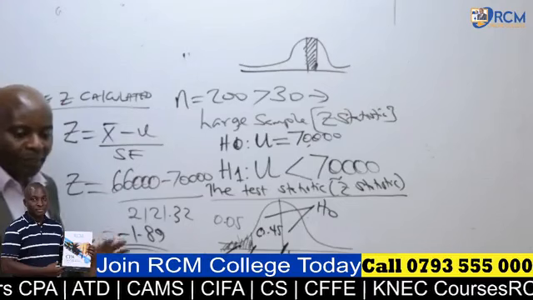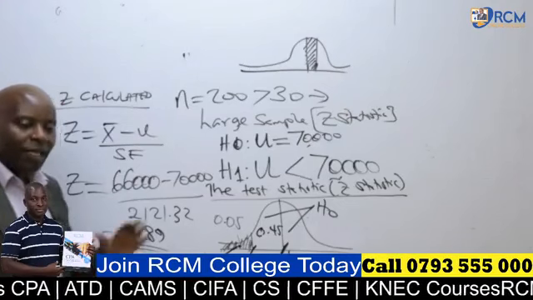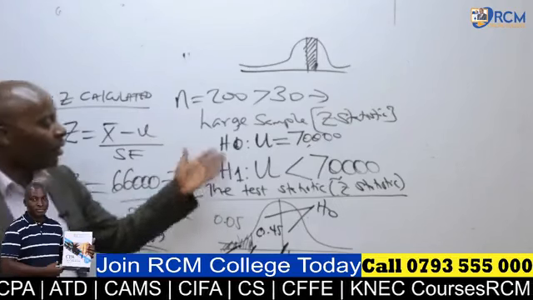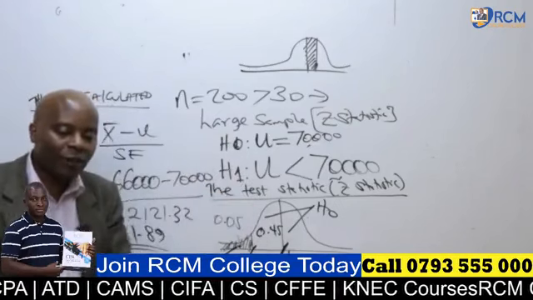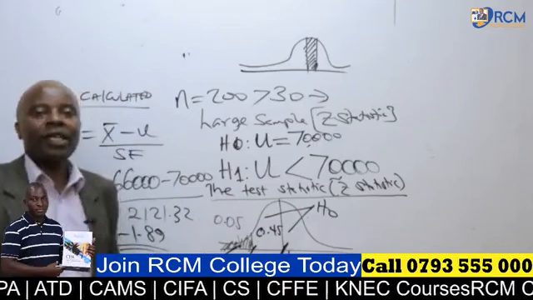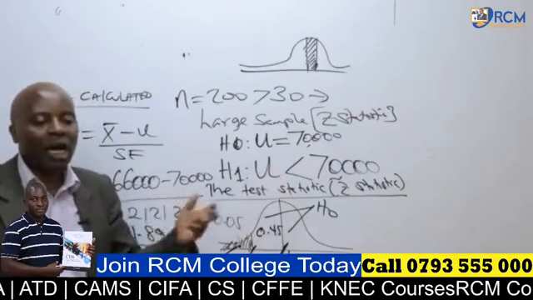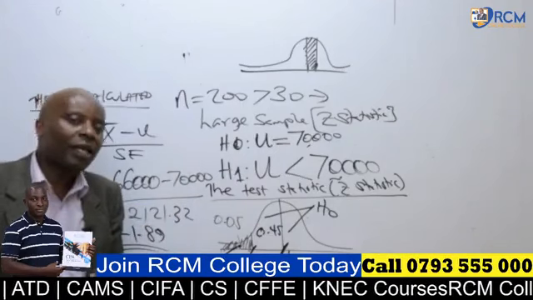If we are accepting H1, what are we saying? That this lady who was saying that this system is not effective was right. She was saying that we will be getting less than 70,000 receipt, so the lady is correct.